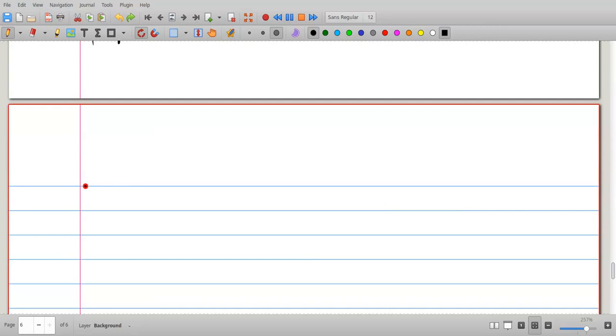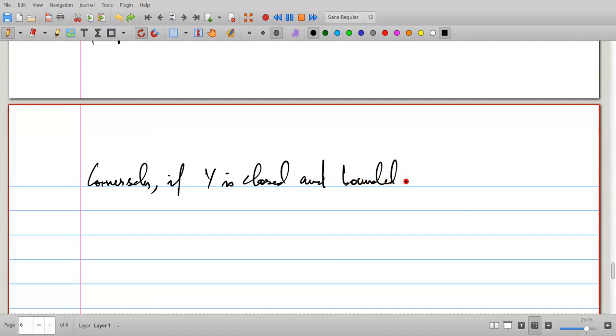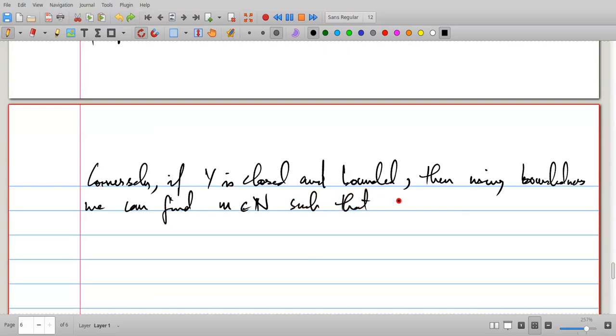Conversely, if Y is closed and bounded, then using boundedness, we can find m in the natural numbers such that Y is contained in [-m,m]^n.